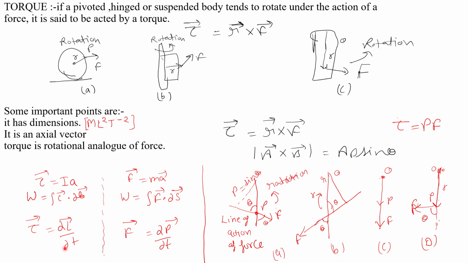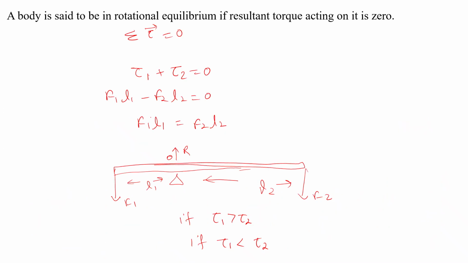So tau vector equals dL vector over dt, and F vector equals dp vector over dt. A body is said to be in rotational equilibrium if the resultant torque acting on it is zero. So the summation of tau vector equals zero.